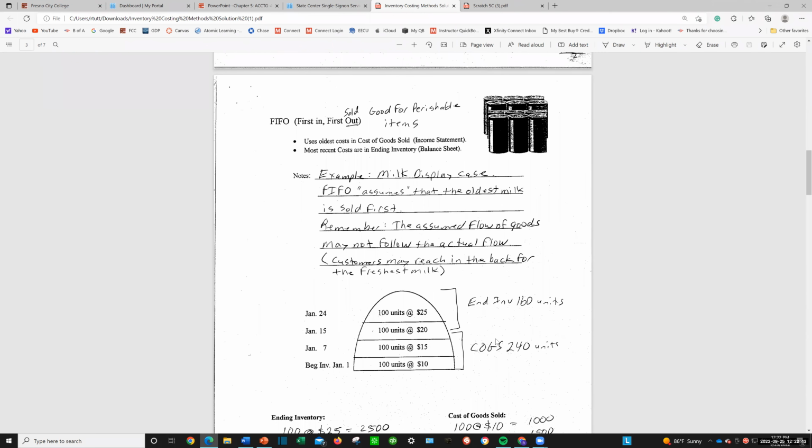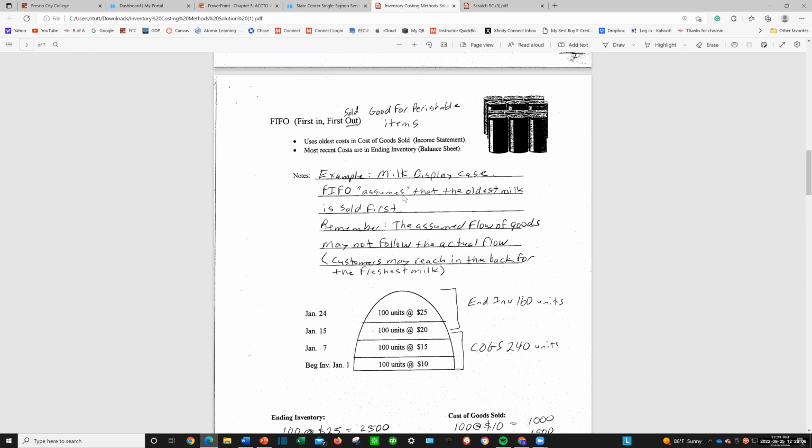Let's go and do FIFO, first in, first out. Now, I like to say first in, first sold. Remember, FIFO is good for perishable items, for example, the milk display case, right?